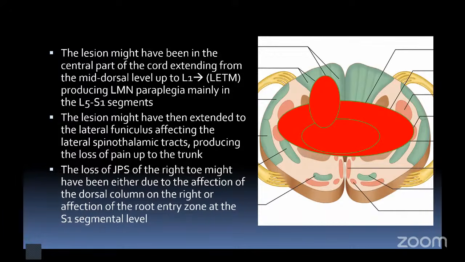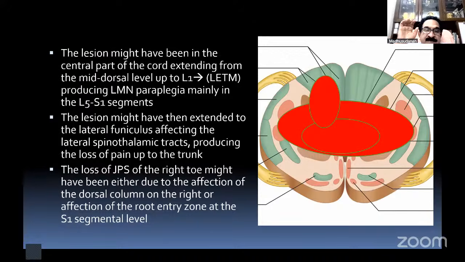JPS is also lost on the same side, and the weakness is also worse on the right. Right and left asymmetry, sir. Yeah, here what is happening, the spinothalamic tract is affected bilaterally, not on one side. That means the lesion has gone onto both lateral funiculi, but it may be asymmetrical.